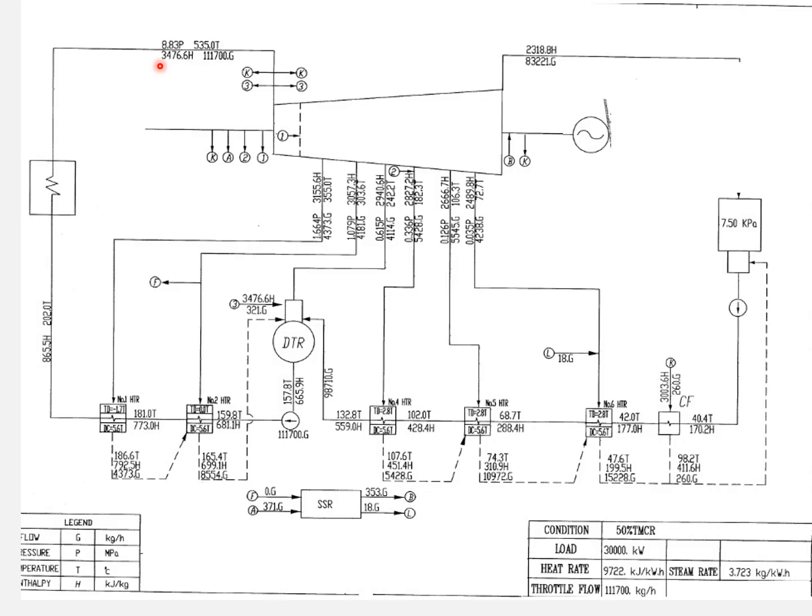From number 6 at 177 enthalpy, it becomes 3,476 enthalpy. Based on this energy, the steam will turn the turbine, and the turbine will transfer the energy to the electric generator.